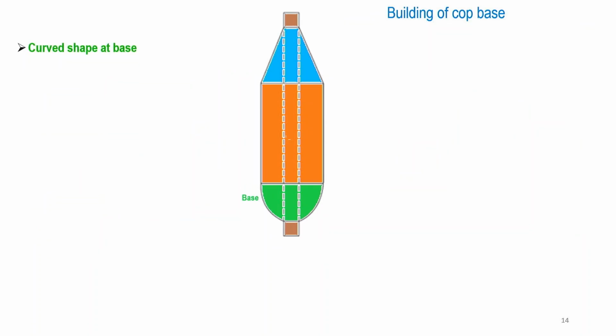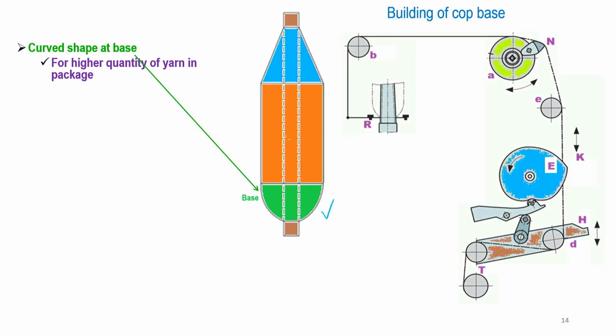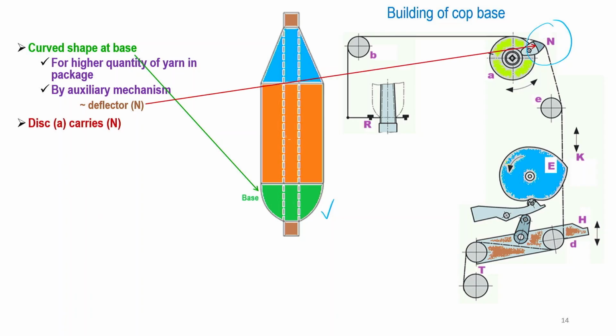Now, you can see here this is a curved shape base, for a higher quantity of yarn in the package, and this is done by this projection N. So, by an auxiliary mechanism, that deflector N is there, and disc A carries this N projected beyond the periphery of the disc A, and at start N deflects the chain.